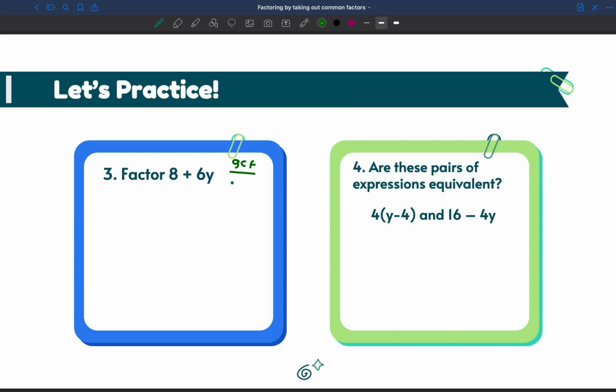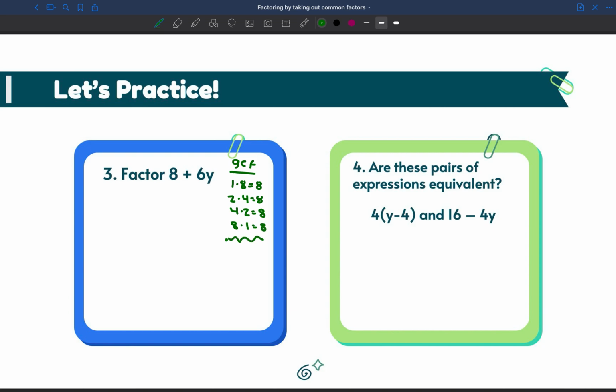So we have 1 times 8 equals 8, 2 times 4 equals 8, 4 times 2 equals 8, and 8 times 1 equals 8.